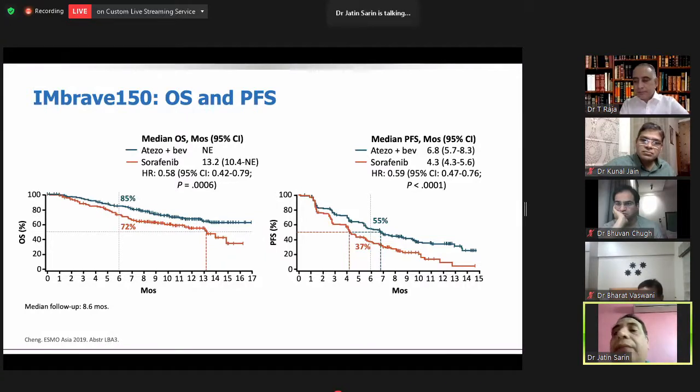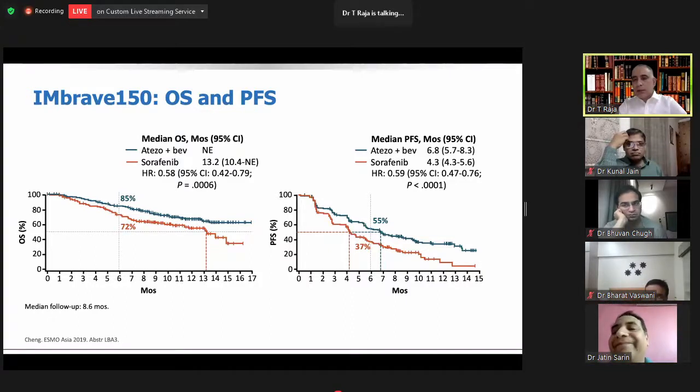Although I don't have much experience of using this, the data is fantastic. Yes, if someone is having a good performance status, Child-Pugh A, and is able to afford it, I would definitely go with this combination.